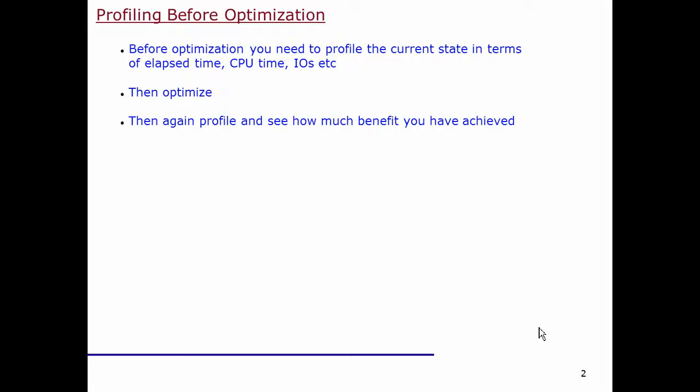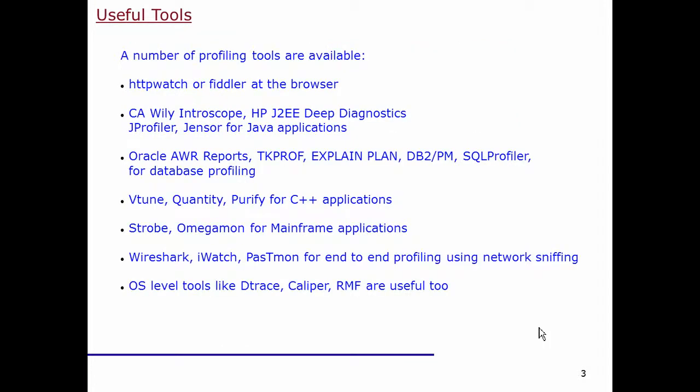Now, in the past it was common to put a number of timestamps in the code, but in the last decade or so there have been a huge number of profilers available, which makes it very simple for developers to find out bottlenecks. From the web tier level at the browser itself, you have nice tools such as HTTP Watch or Fiddler that can be enabled in record option, and they give you a complete trace of all the lower level calls made for the URLs that you clicked.